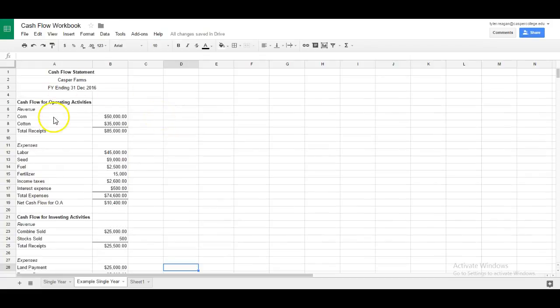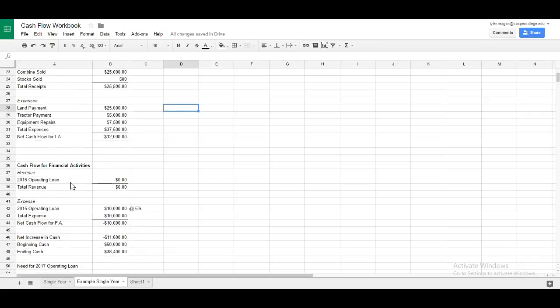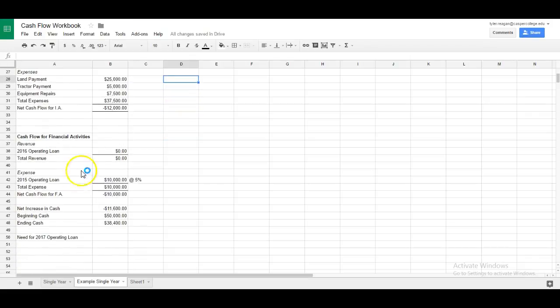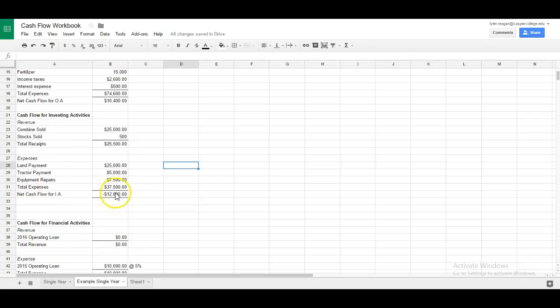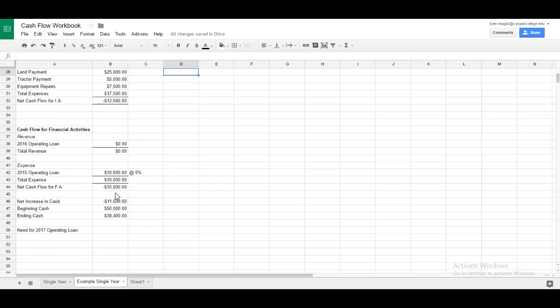So as we talked about, we have operating activities, investing activities, and financing activities. Then we add the net cash flow from operating activities, investing activities, and financing activities all together to come up with the net increase in cash.